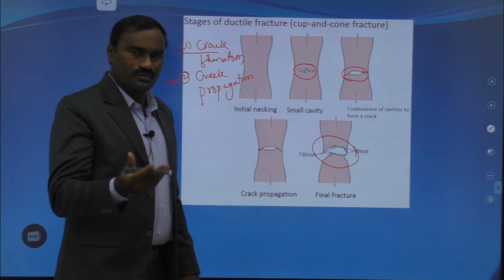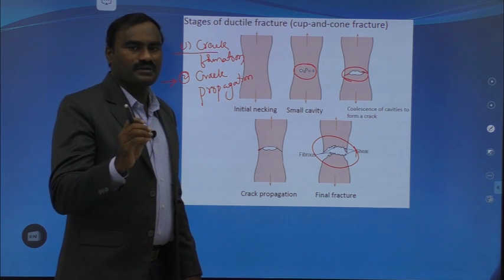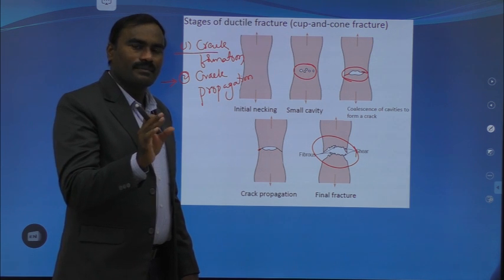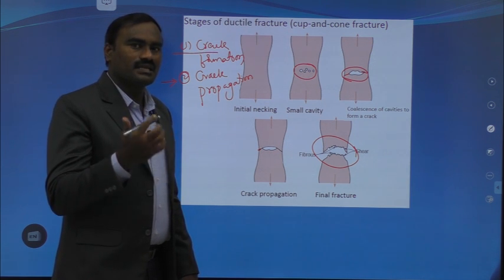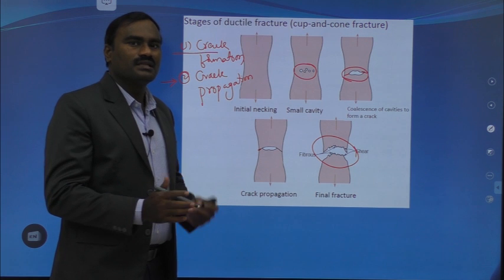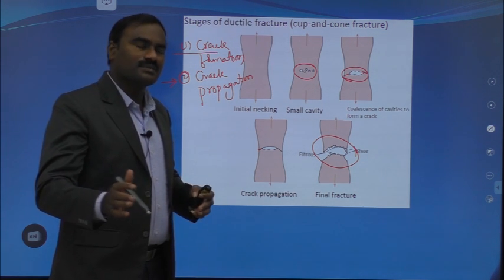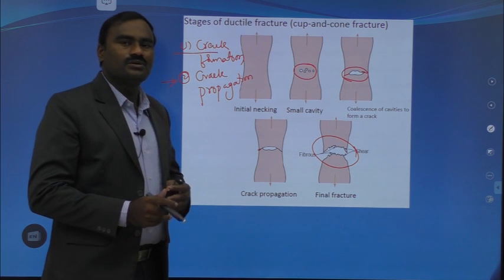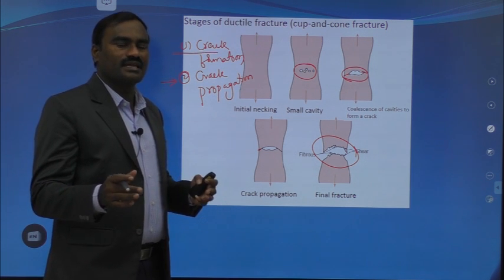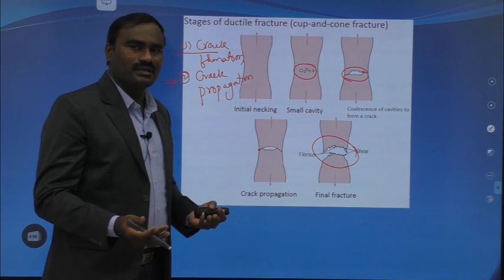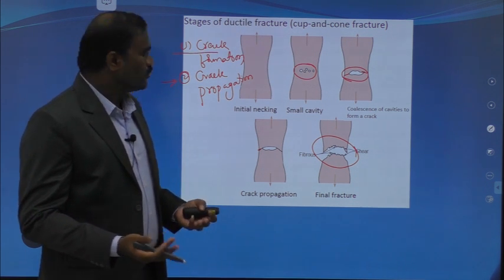As we increase the force, all the small cavities join together and form a bigger cavity. If we still increase the force, these cracks start propagating in the material, that means extending in the material. Because of this propagation of the crack, the material will be broken into two pieces.